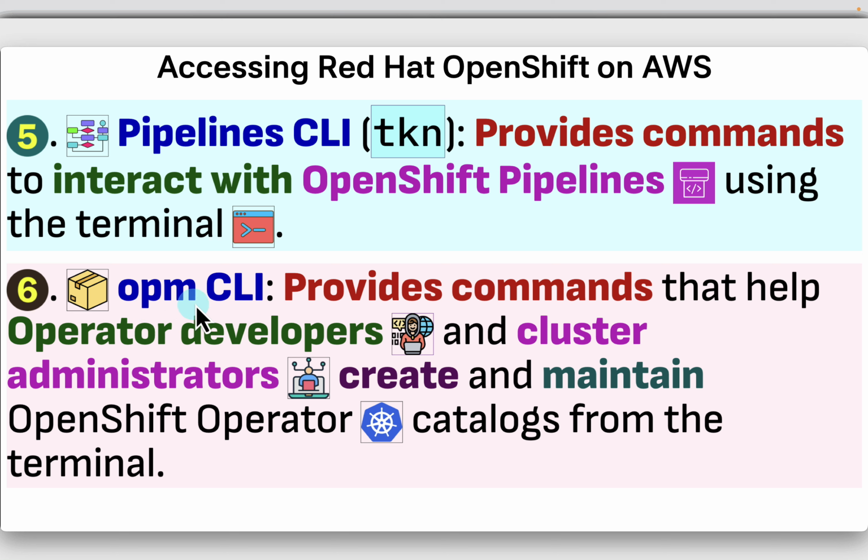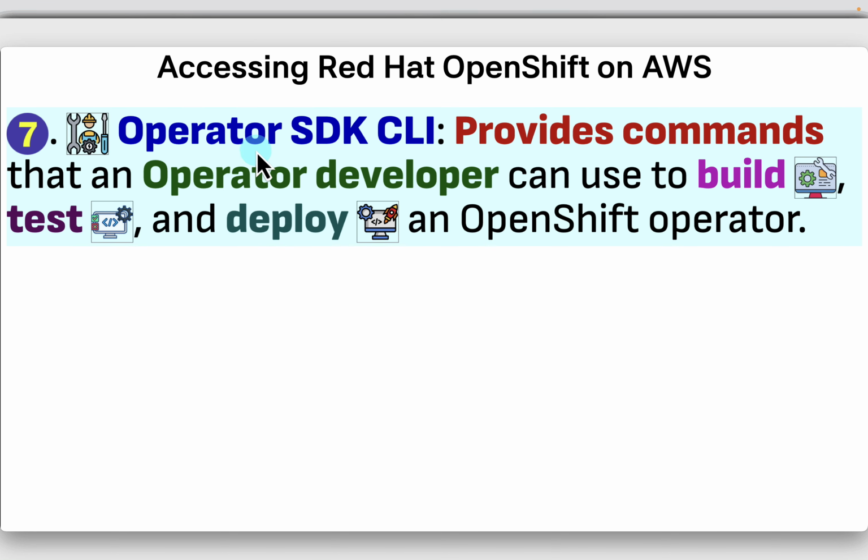Then we have another CLI called the opm CLI, which provides commands that help operator developers and cluster administrators create and maintain OpenShift operator catalogs from the terminal. And then we have the Operator SDK CLI also, which provides commands that an operator developer can use to build, test and deploy an OpenShift operator.